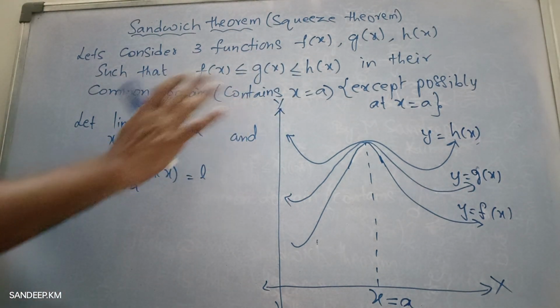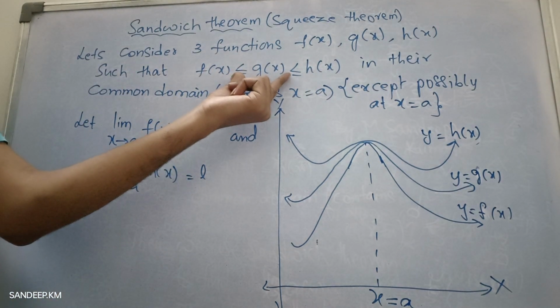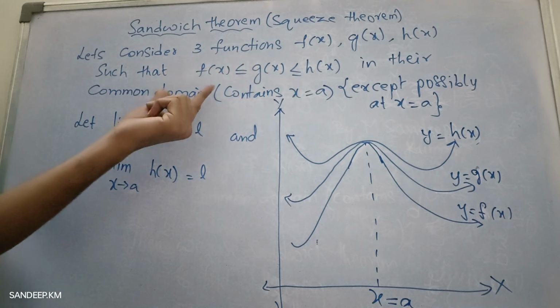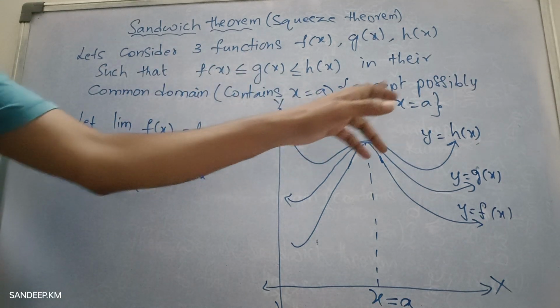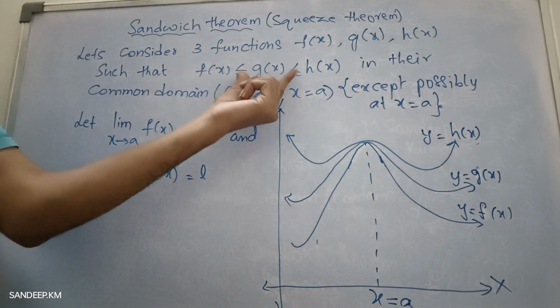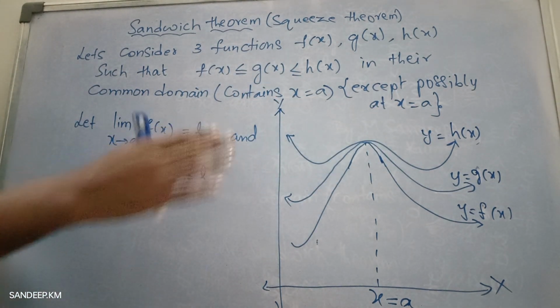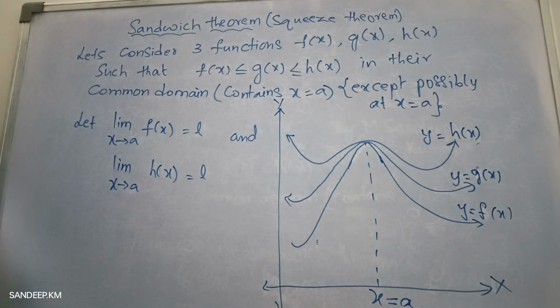The common domain contains x is equal to a, but understand one thing, this is very important. This inequality is true for their common domain, except possibly at x is equal to a. So there is a chance that this inequality is not true exactly at x is equal to a. We will talk about it after completing the Sandwich Theorem in detail.